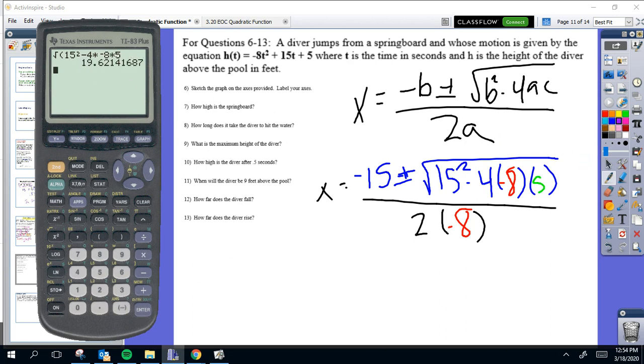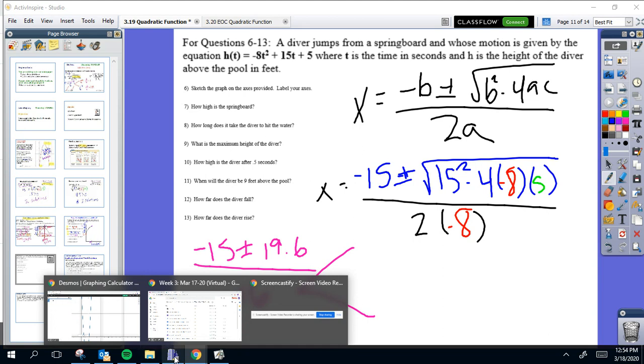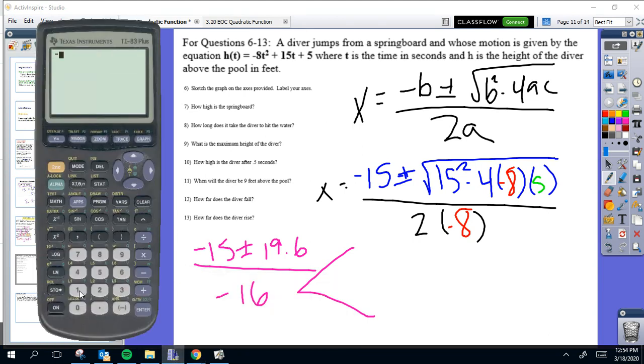All right, so under my square root, I got 19.6. So this becomes negative 15 plus or minus 19.6, and then 2 times negative 8 is negative 16. This becomes 2 different values for the plus and the minus. So I'll do the plus to begin.